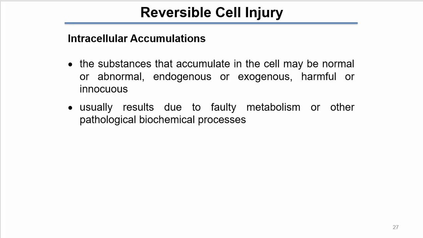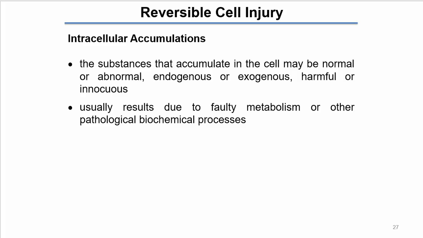So there's all kinds of substances that can accumulate in cells. Some of them are just normal components of the cells. Some of them are abnormal. Some of them come from inside the cells. Some of them come from outside the cells. Some of these accumulations can be quite harmful. Some of them can be innocuous, and it kind of varies.